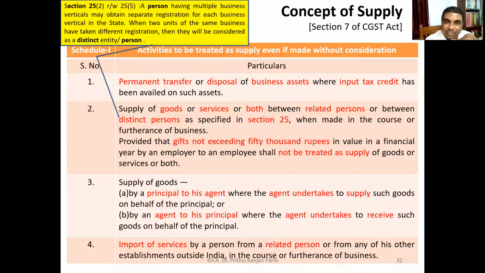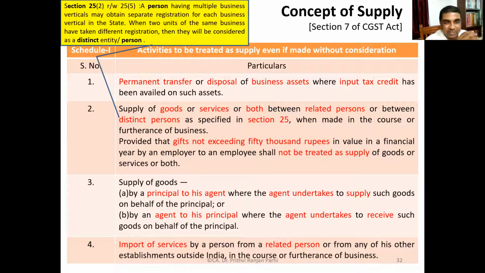Is it a supply? The answer will be yes, because the value exceeds 50,000 rupees, then it shall be treated as supply. So even if consideration is not there, in this situation it will be treated as supply.